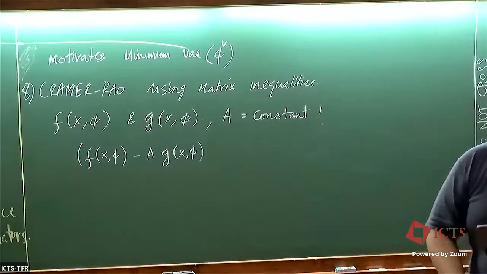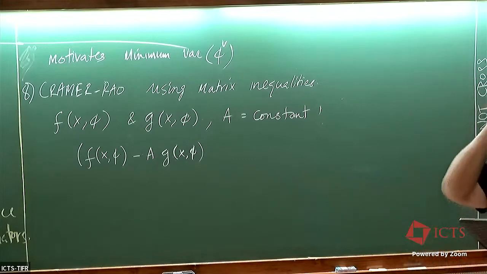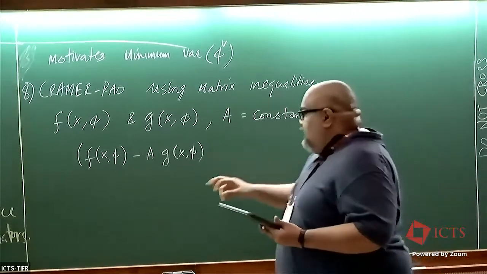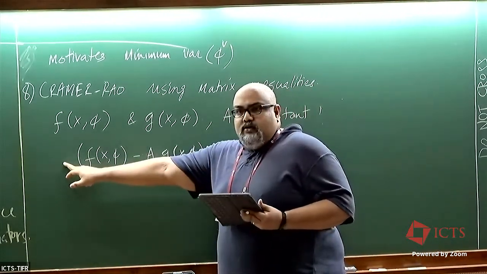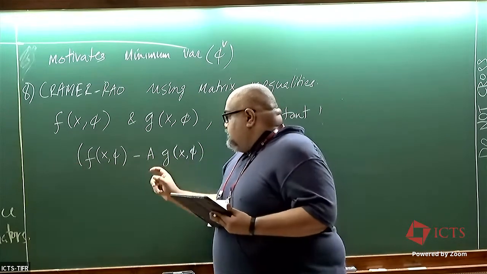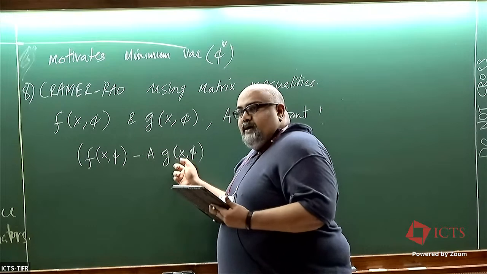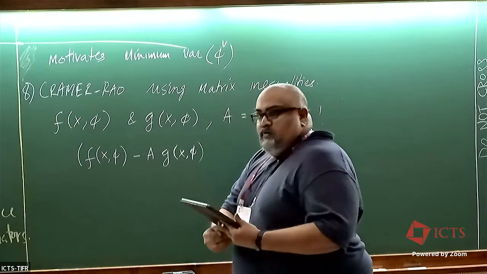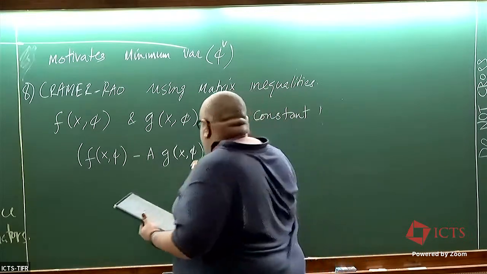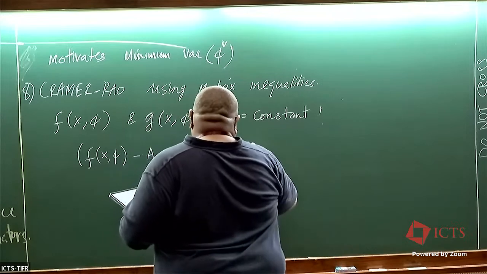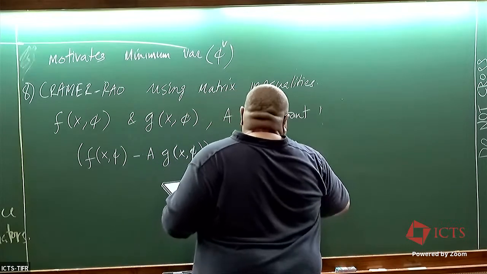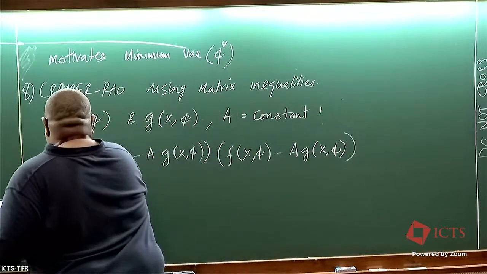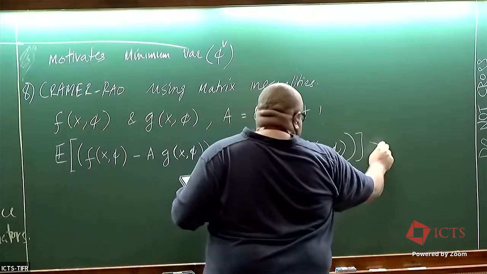So allow me to consider some function f, which depends on some variable x, over which I'm going to draw a probability distribution and estimate an average. Some g, likewise a parameterized probability distribution, parameterized by phi over x. And now what I'm going to do is consider some constant a. If I just square this quantity, it's an explicitly positive object, so the expected value of this is clearly positive.